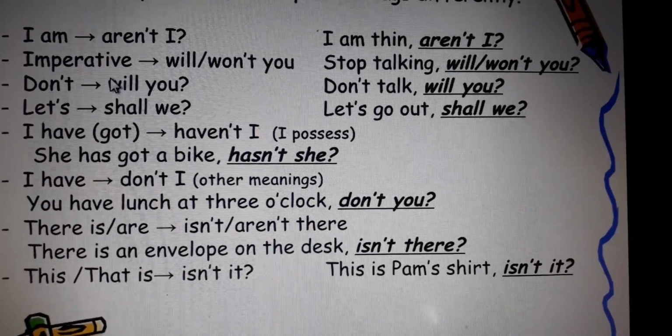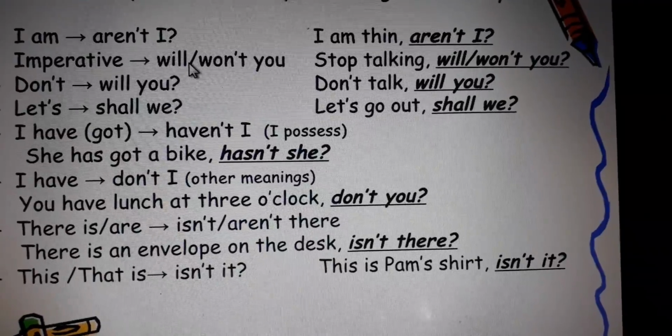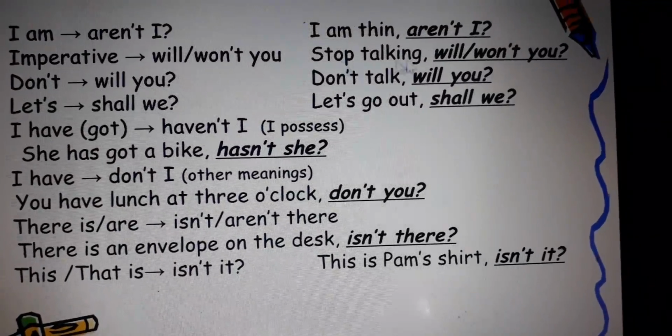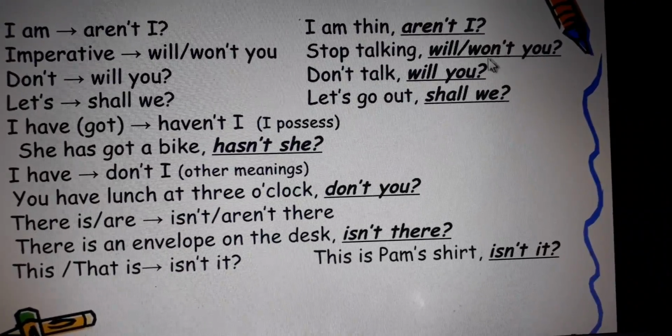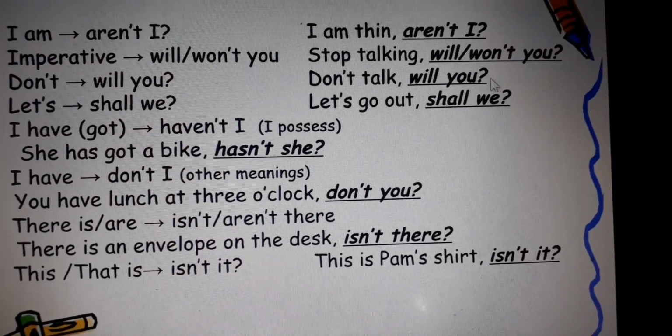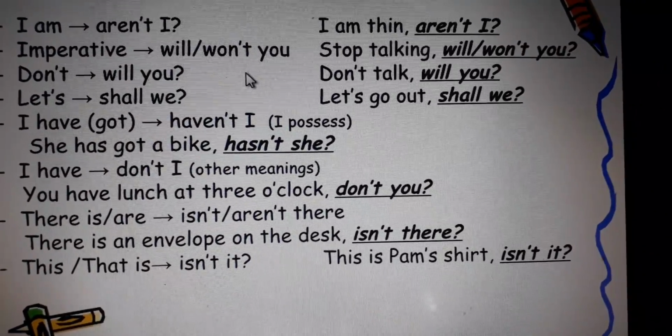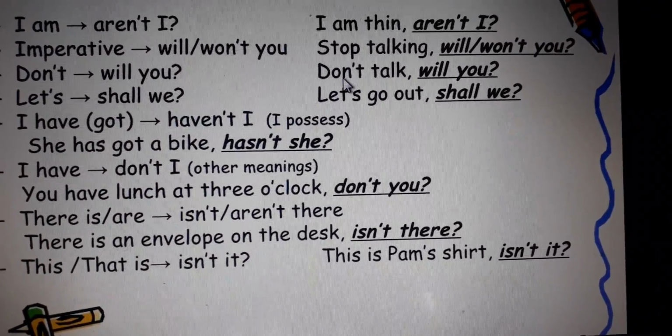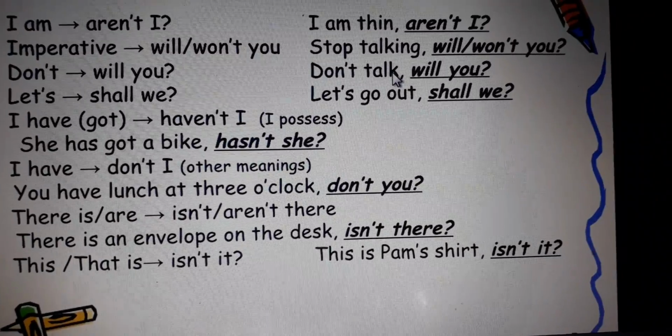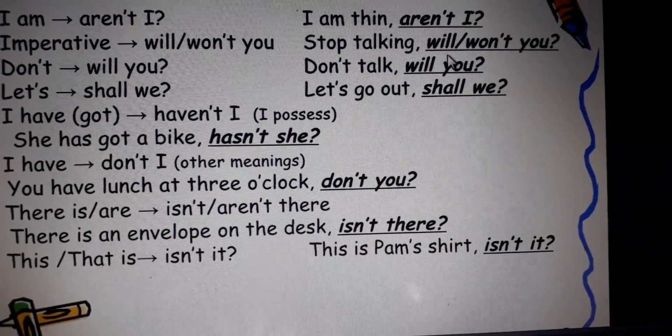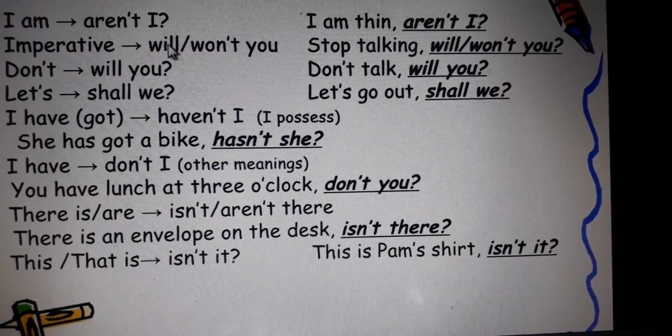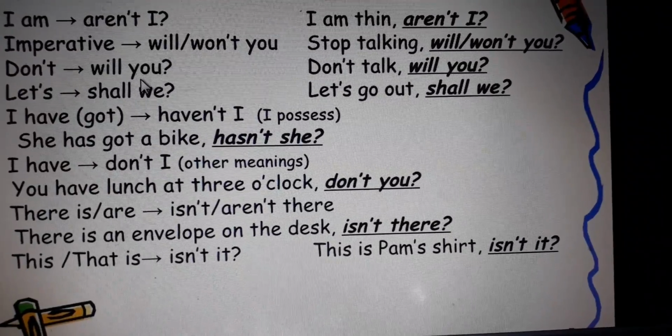For the imperative sentence, you are going to use will or won't you. Stop talking, won't you or will you, right? Don't talk: if the sentence is an imperative starting with don't, you are going to provide the question tag will you.